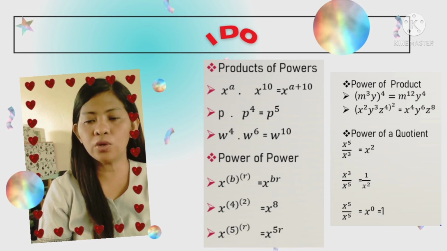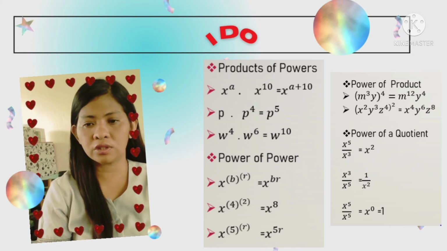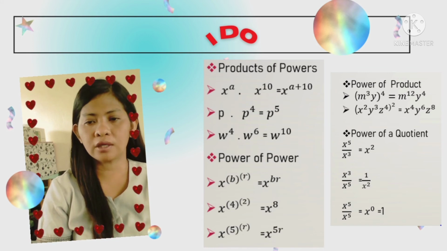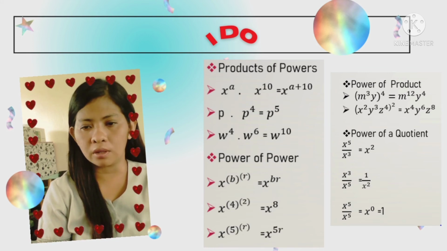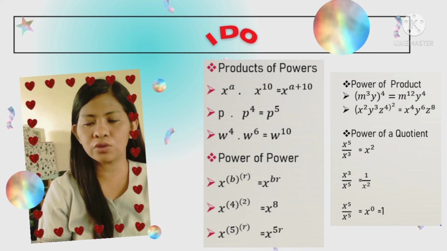So you will multiply the exponent of each of the given terms. x raised to the second power multiplied by 2, the result is x raised to the fourth power. y raised to the third power multiplied by 2, the result is y raised to the sixth power. z raised to the fourth power multiplied by 2, the result is z raised to the eighth power.